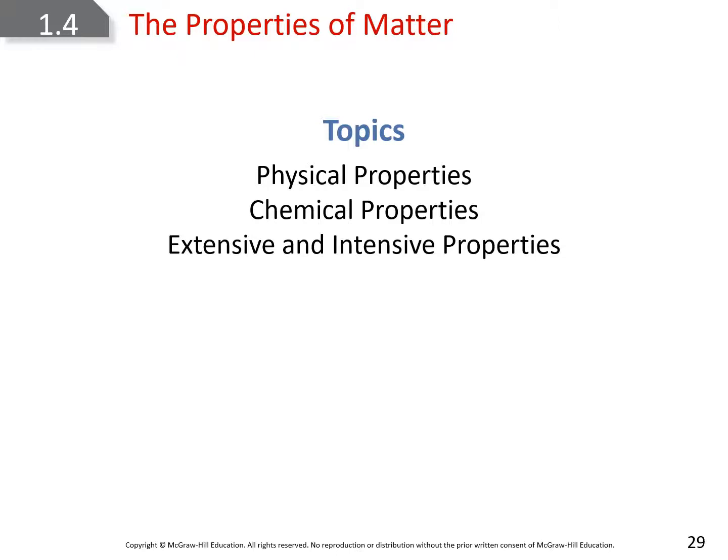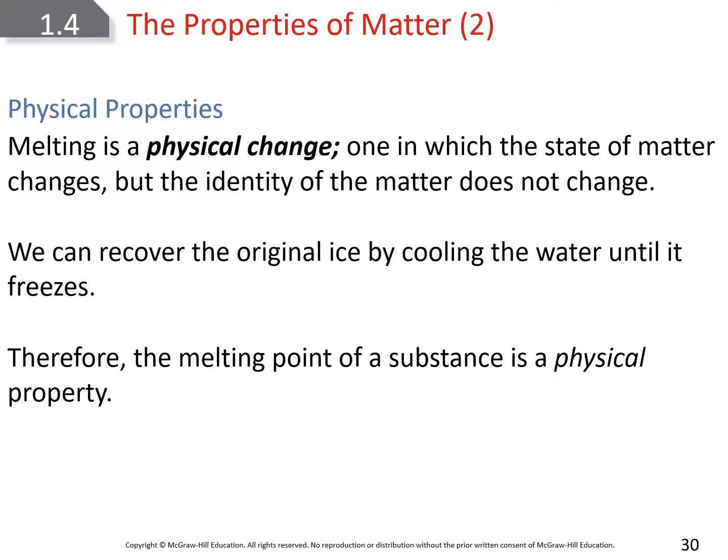So all these compounds and elements we've been talking about have very specific properties, mainly chemical and physical. Physical properties talk about physical change, where states of matter can change, but the essence of it doesn't.